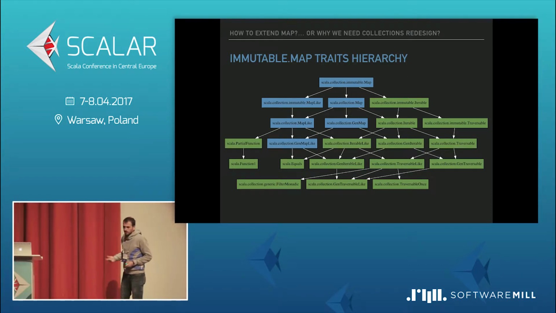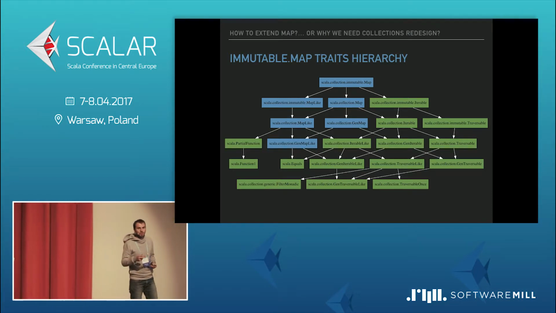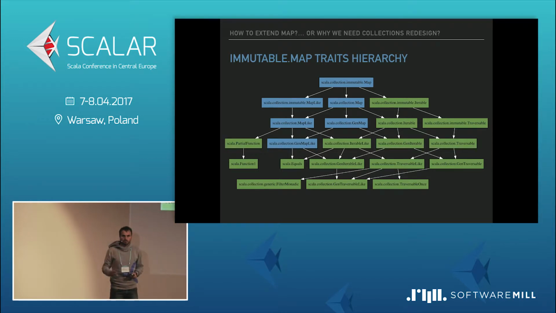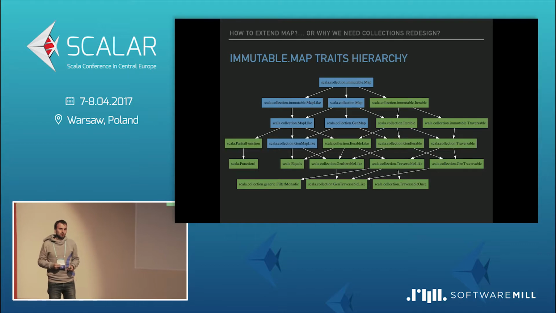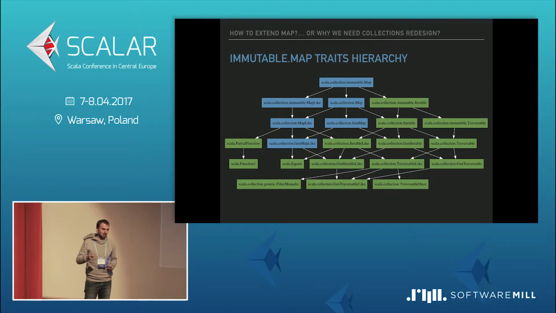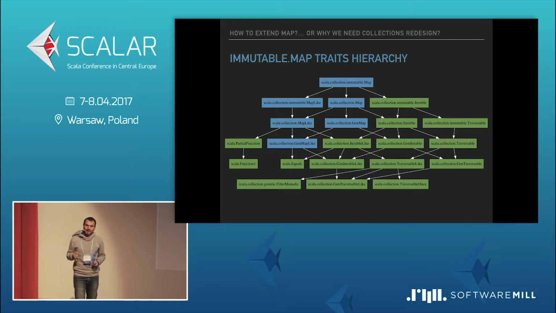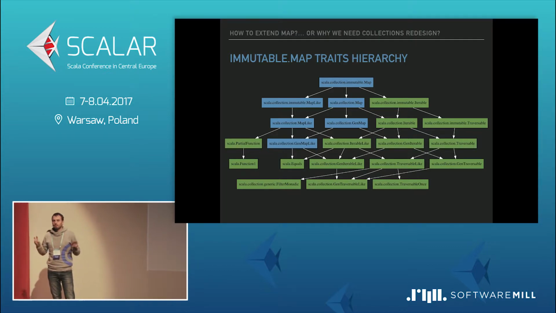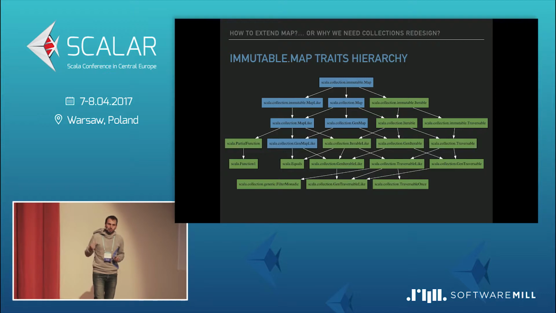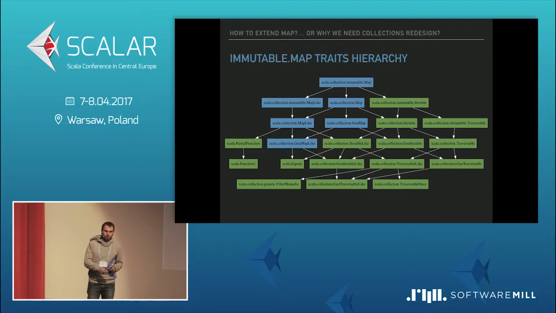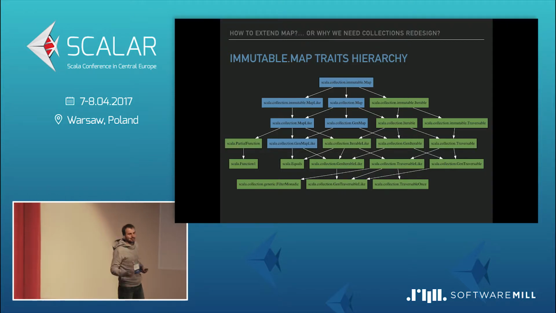To understand this, you need to know two important naming conventions in Scala collections. First, there are two types of traits in Scala collections. There are traits that have the suffix Like, and they are more like implementation traits. They contain implementations of collection operations, and there are all the others.